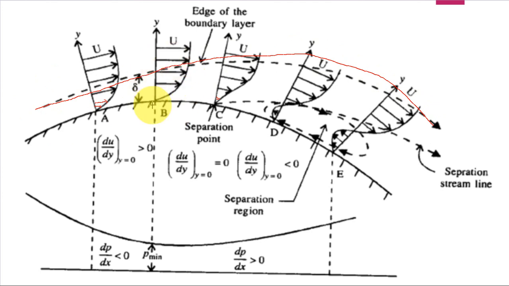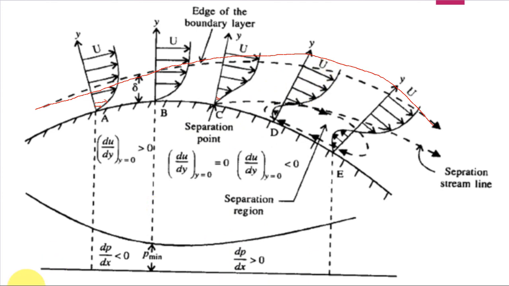That is a favorable condition. And at B, the pressure is minimum. Again, as we go beyond this point, dp by dx is positive, greater than 0. So in that case, the separation occurs.